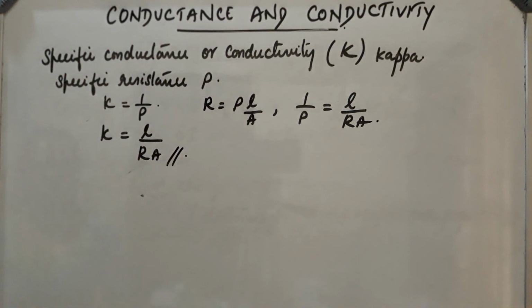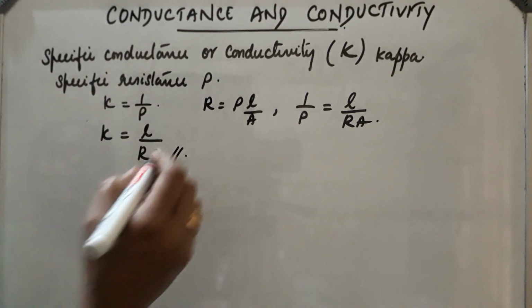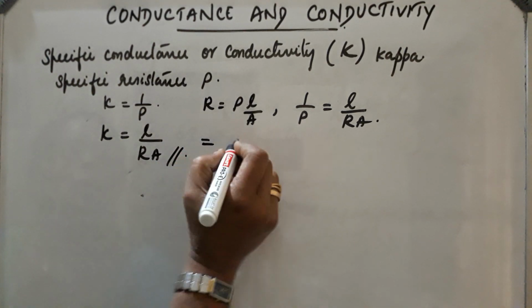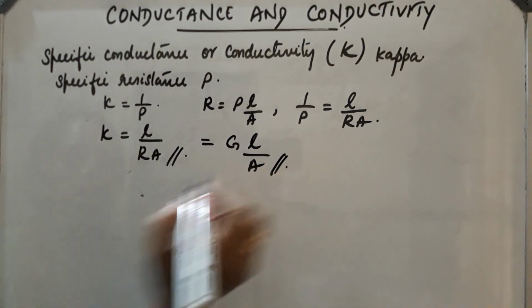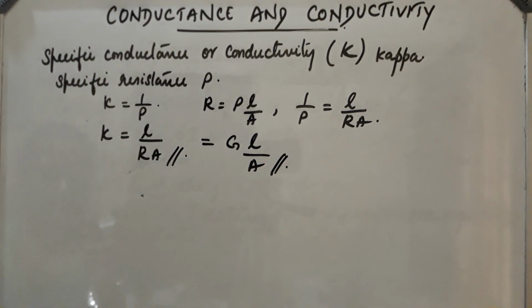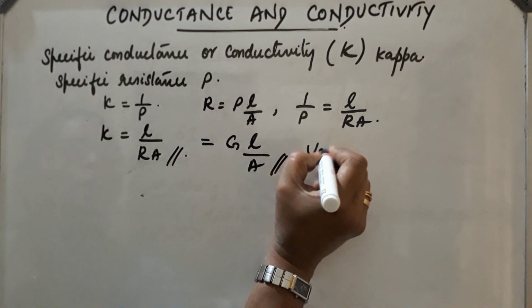This is kappa, or specific conductance, or we can write conductivity. So conductivity will be equal to L by RA. We know 1 by R is equal to G, so kappa equals G times L by A. What will be the unit of kappa?